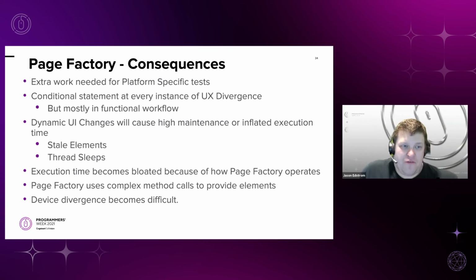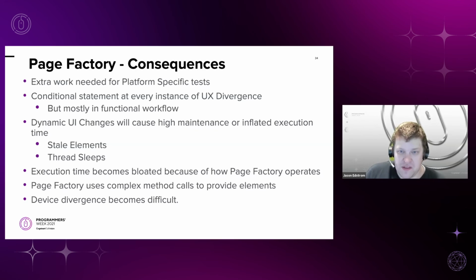But the consequences of this scenario come to light. The extra work needed for platform-specific tests is the same as it was in the conditional page object model, which is nice. It's actually reduced a little bit because we only have to put the specific number of annotations above an element based on whether it's Android or iOS.